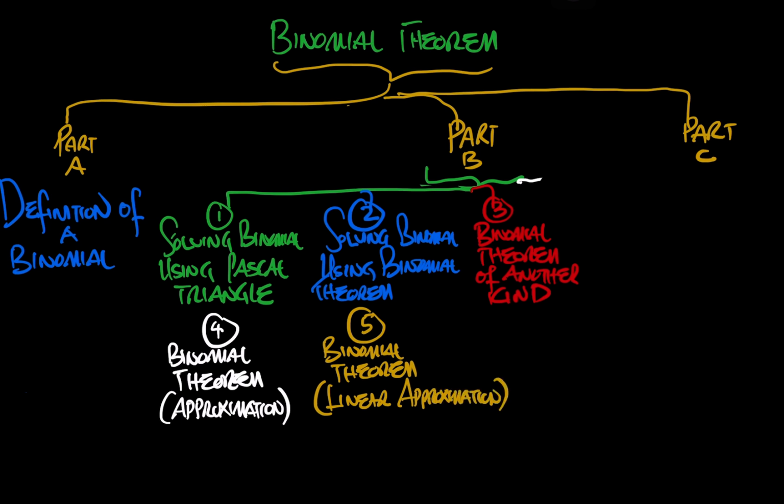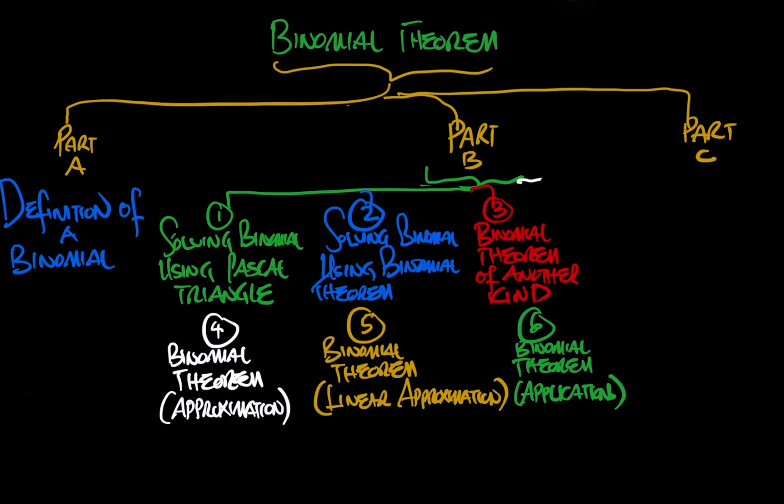The sixth one is what is known as binomial theorem with applications. We're going to look at how we can apply it, what kind of applications we can see binomial theorem in.